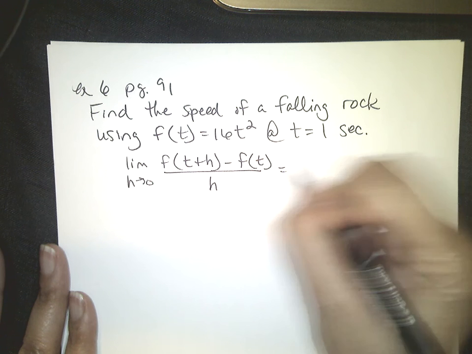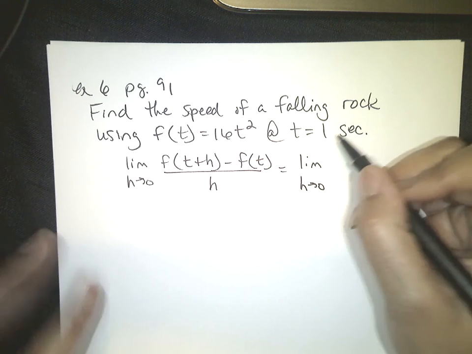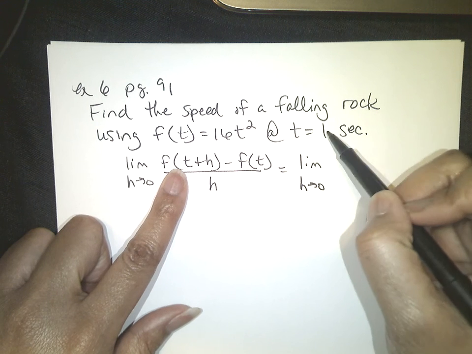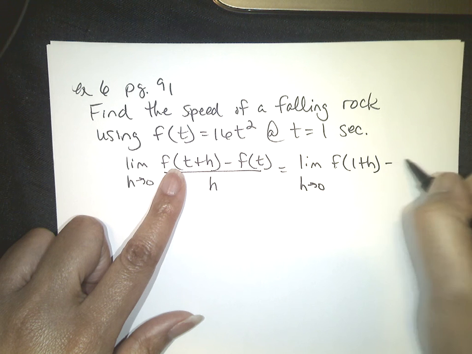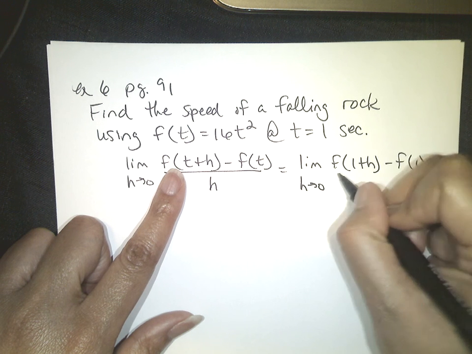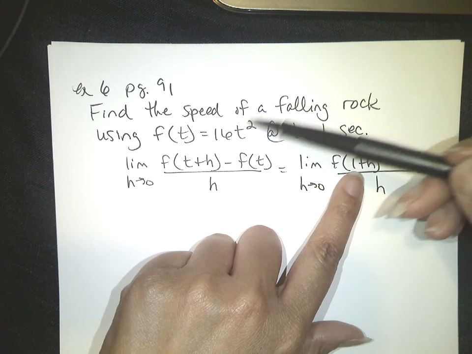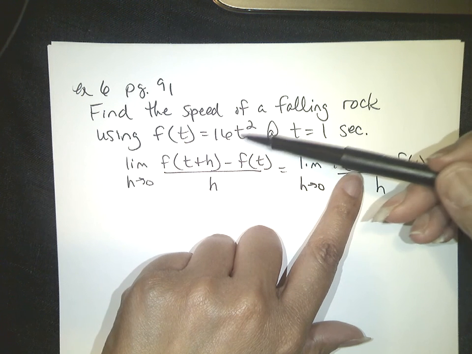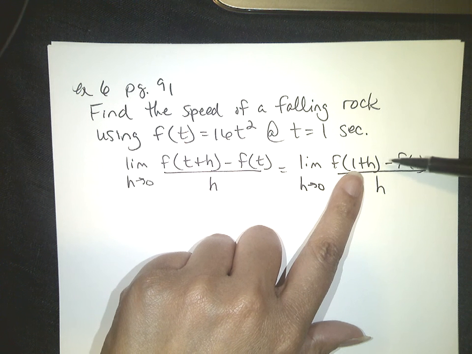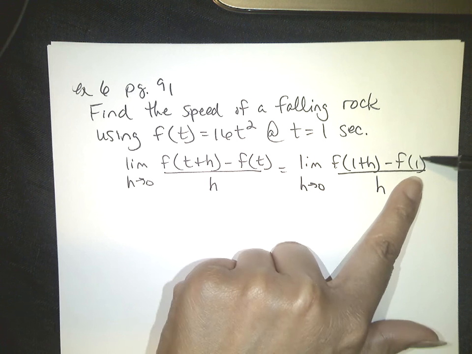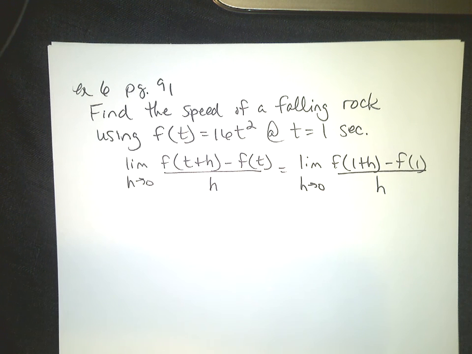So this would be the limit as h approaches 0 of, we know what t is. t is 1. So this is f of 1 plus h minus f of 1 over h. So everywhere I see a t in my function or my curve, I'm going to put 1 plus h. Minus, everywhere I see a t in my function, I'm going to put a 1. Okay?